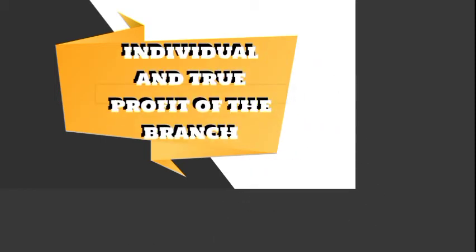At this time, I will give you detailed examples on how to compute for the individual profit of the branch, true profit of the branch, realized markup, and how to combine financial statements. So now, I'll be showing you how to do the individual profit of the branch, true profit by eliminating shipments and reciprocal accounts.